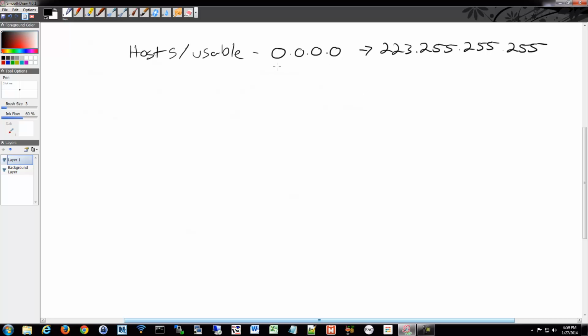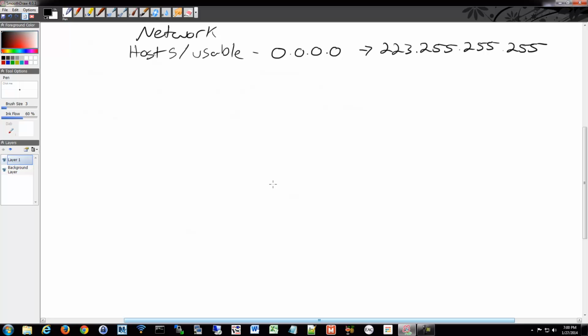Anything from the very first IP that's available up to almost 224, those can be used for networks. So that's the network usable address range. So anything that goes from 0.0.0.1 up to 223.255.255.255 are valid addresses that you can use for a network.